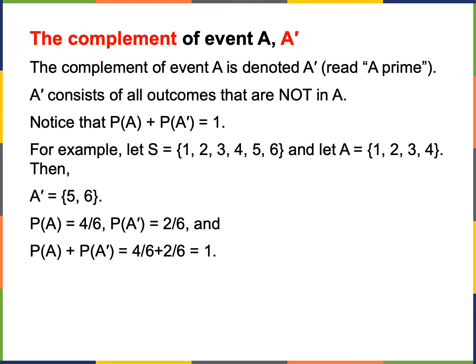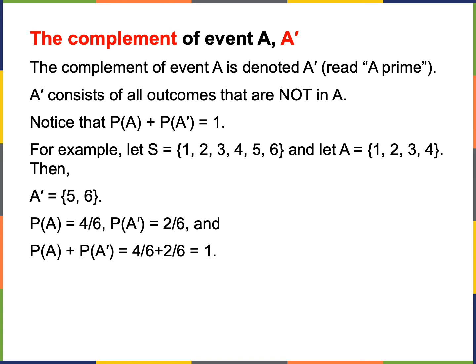All right, let's continue. Let's define complement. Complement can be denoted A prime, or sometimes people call it not A. A prime means all the outcomes that are not in A. So let's say you have a sample space, and then you have your event A. A prime, or not A, or the complement of A, all mean the same thing.